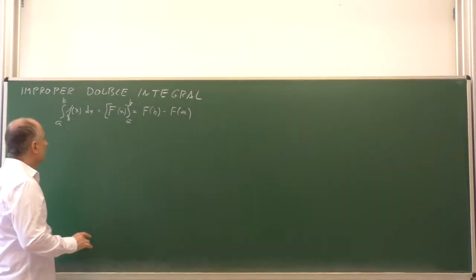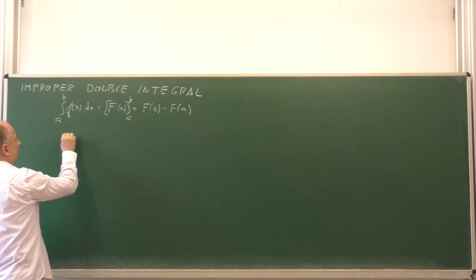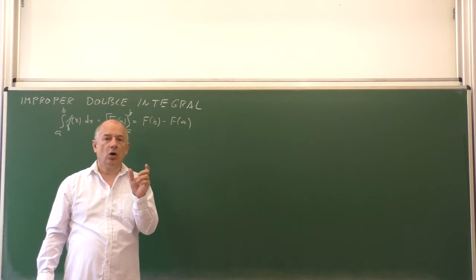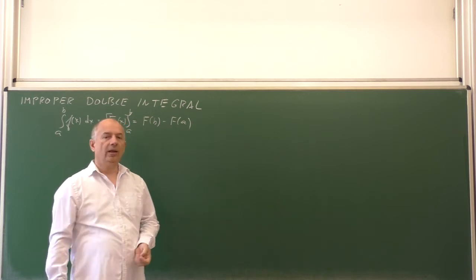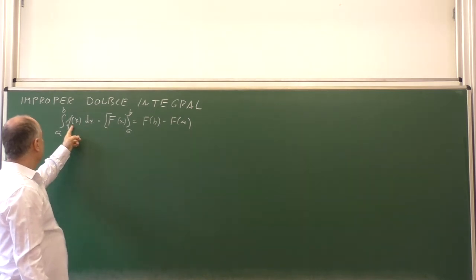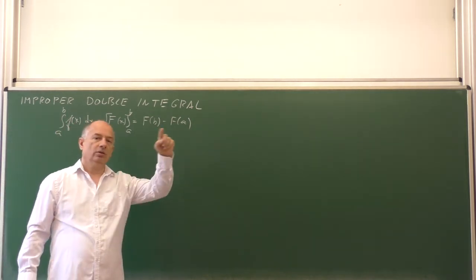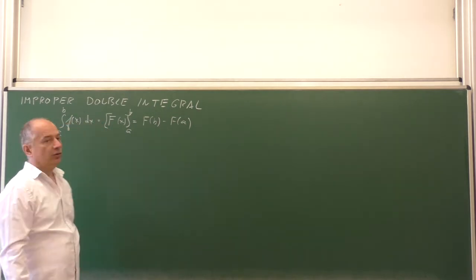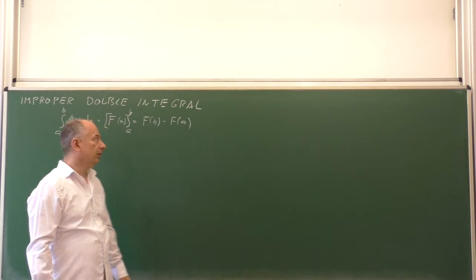The generalization of this definite integral is when the function f is continuous in the open interval only. That may happen in two different cases. Either if f is not continuous or not defined in a or b, or if a or b are plus or minus infinity.